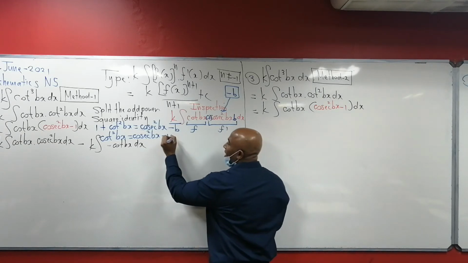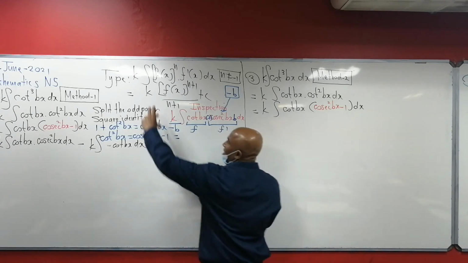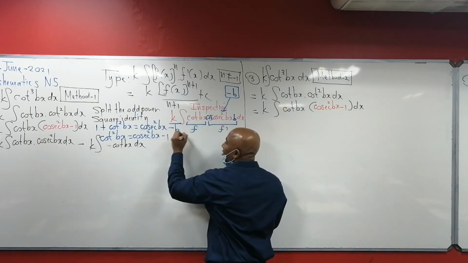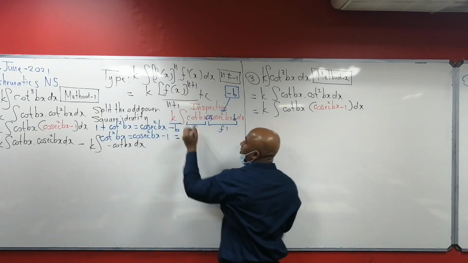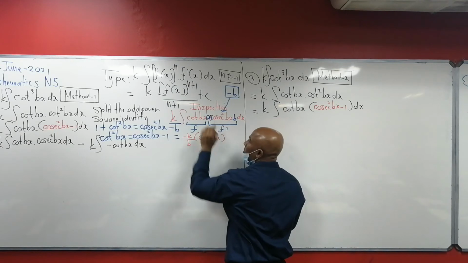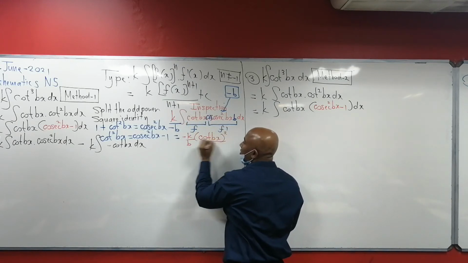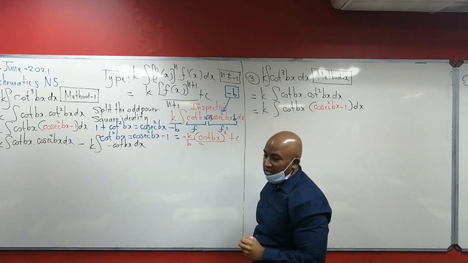So by inspection you go straight to your solution, and the answer is your constant, which is minus k over b, times f of x to the power n plus 1. So that's going to be cot bx to the power 1 plus 1, which is 2, over 2, and you're done, plus C. That is inspection.